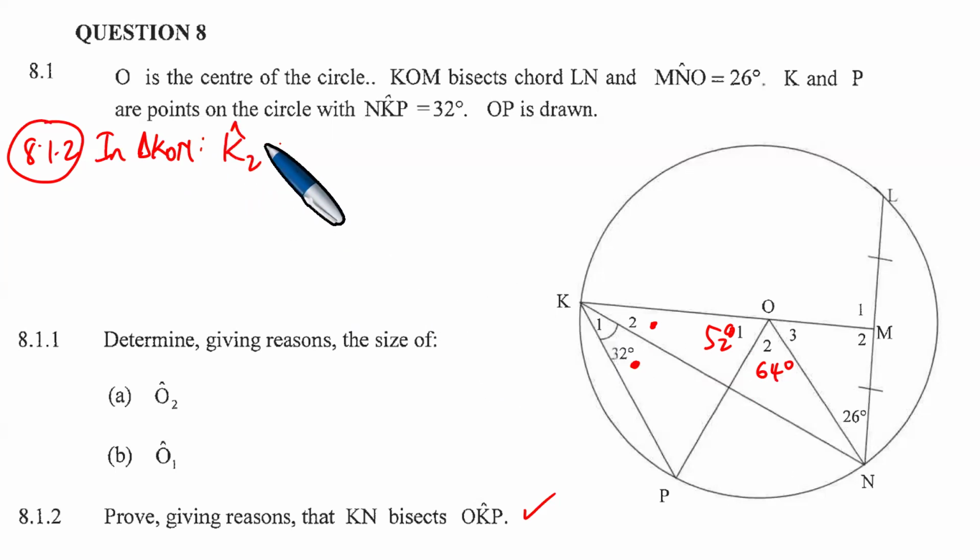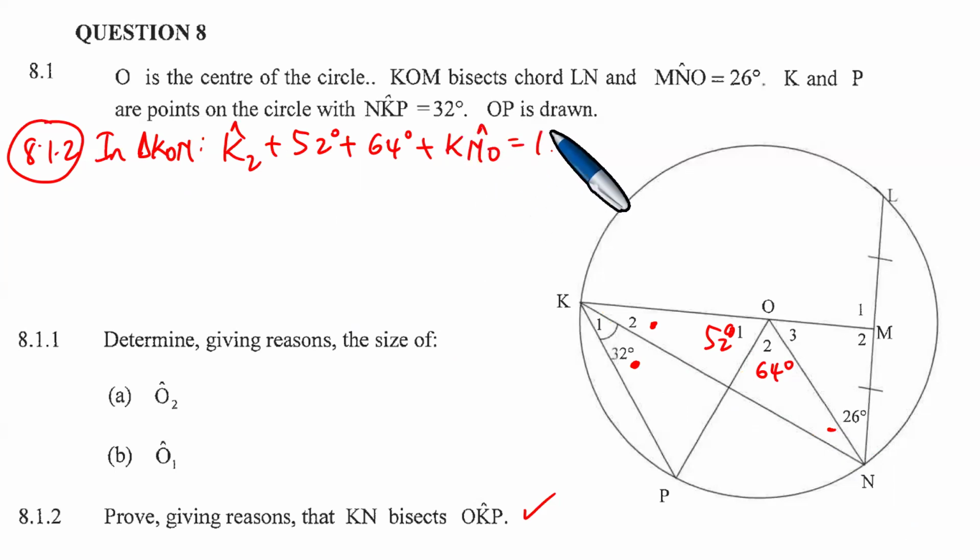So you add angle K2 plus the 52 degrees, but you also add the 64 degrees. You also add this angle here. What is this angle here? This angle here is the KNO. You add K and O, and the result must be 180 degrees.